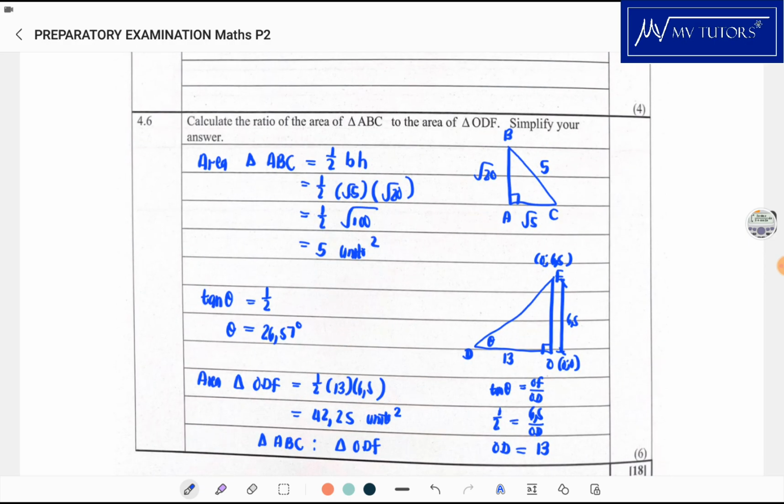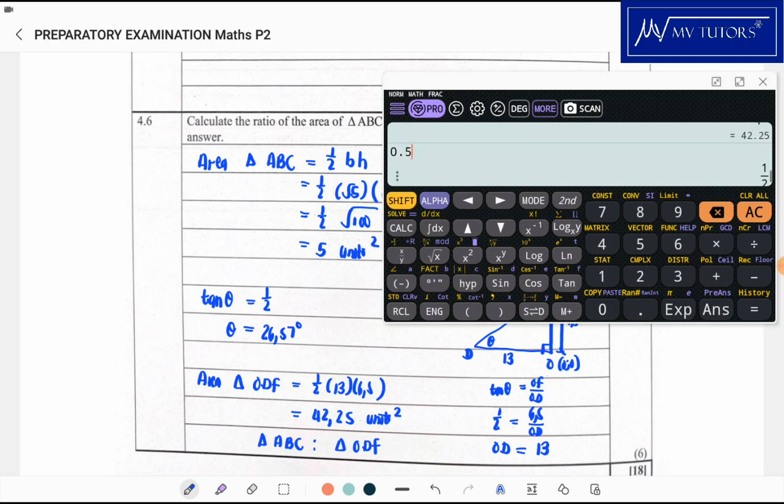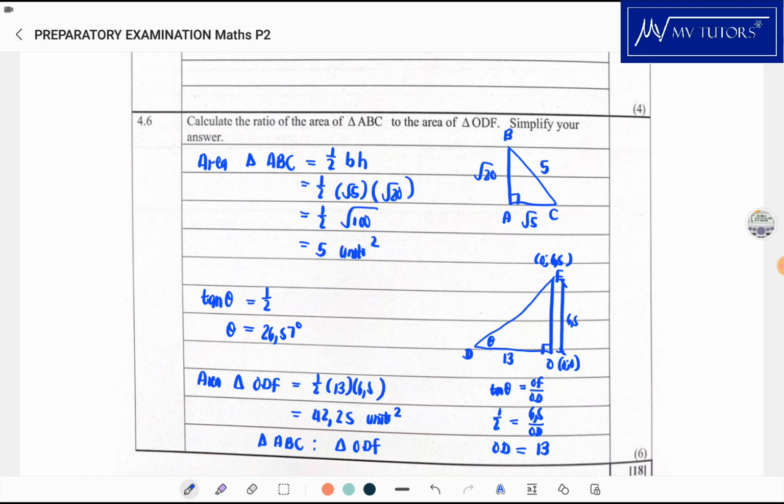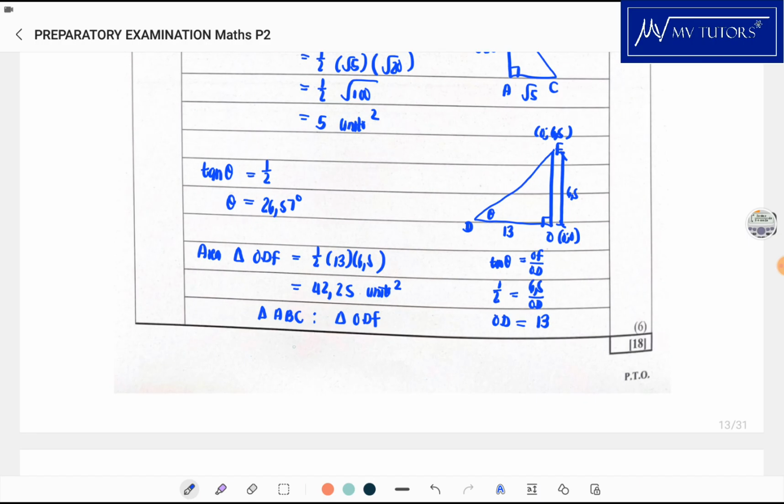Let me just check something. Okay, so we have 5 is to 42.25. And what do we have then?